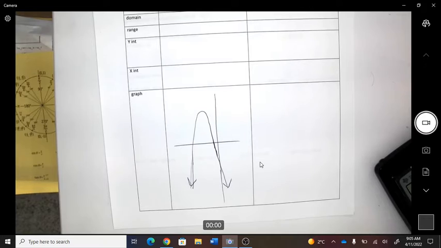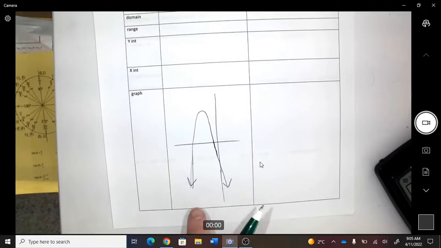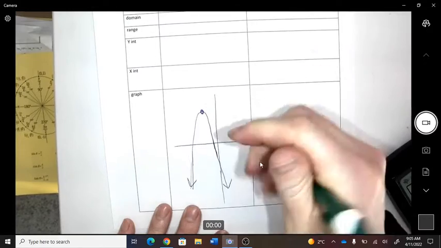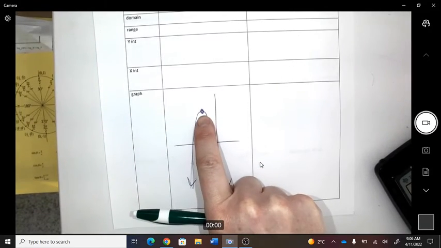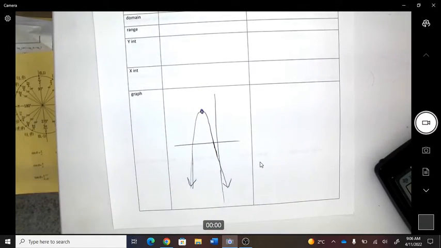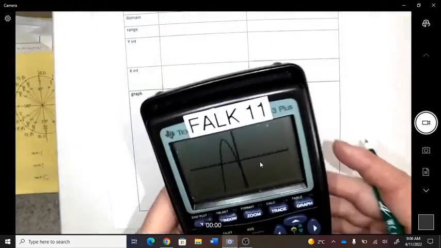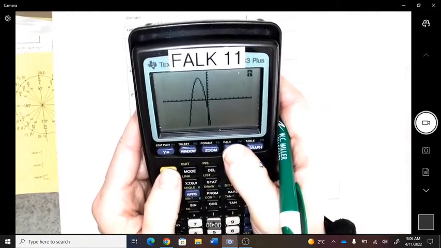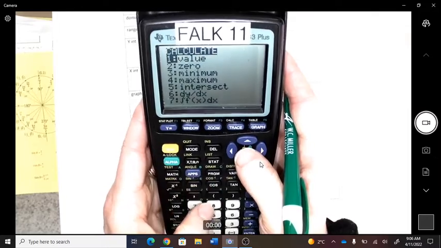Okay, everyone's good with that screenshot? That's what I see, and I put arrows on it when I graph because it will keep going and going and going. Okay, the vertex. So I need the coordinates of that point. Can you do that by calculate, second trace, get me a maximum.